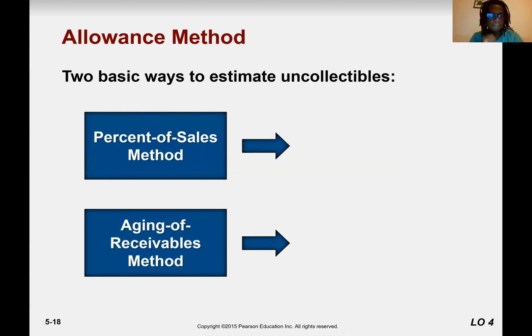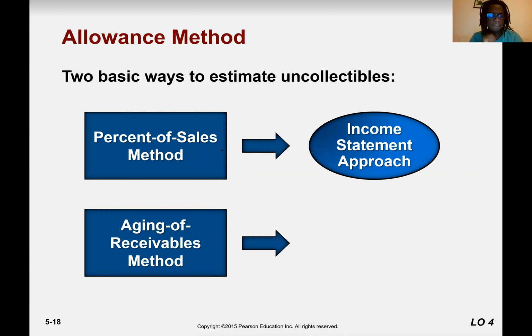The easy method is percentage of sale method. You see your sales on a yearly basis from your past and compare the uncollectible with your sales, and you realize that okay, 1%, 2% or whatsoever, that would be your uncollectible. Percentage of sale method is also called income statement approach because the figure of sales can be found on the income statement.